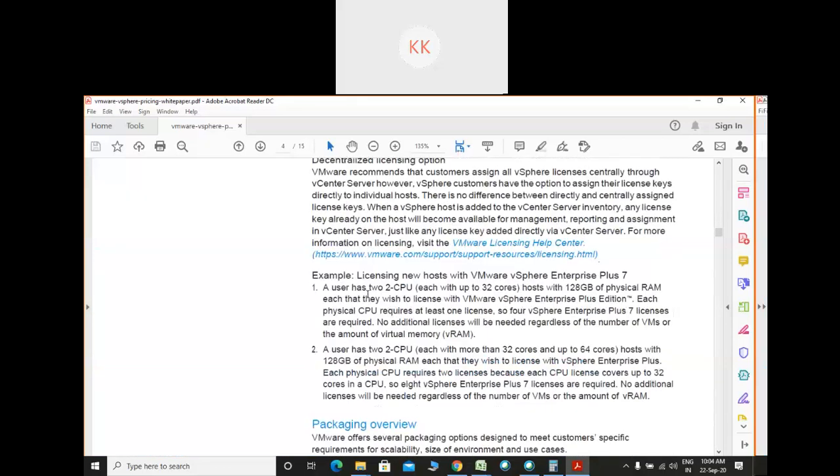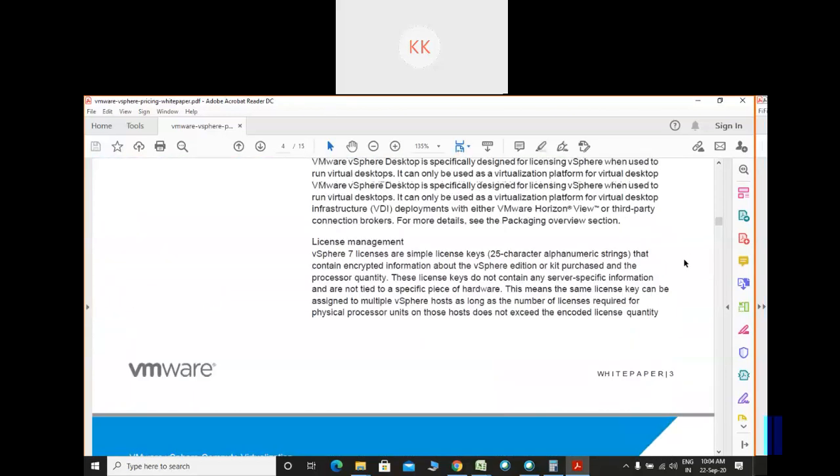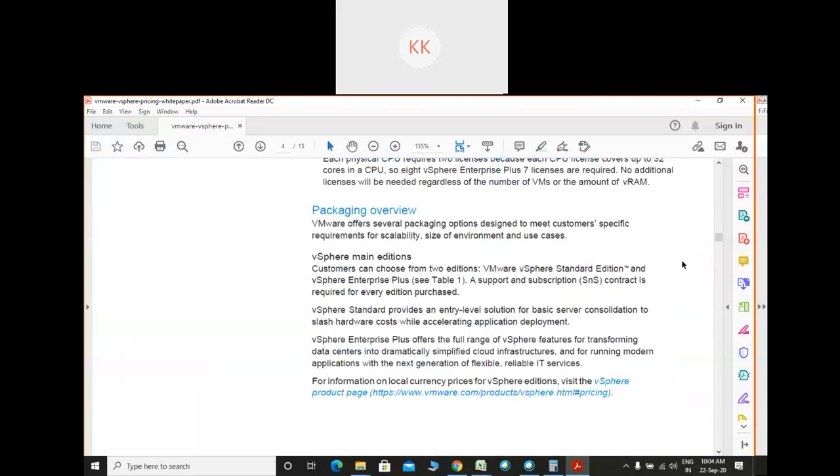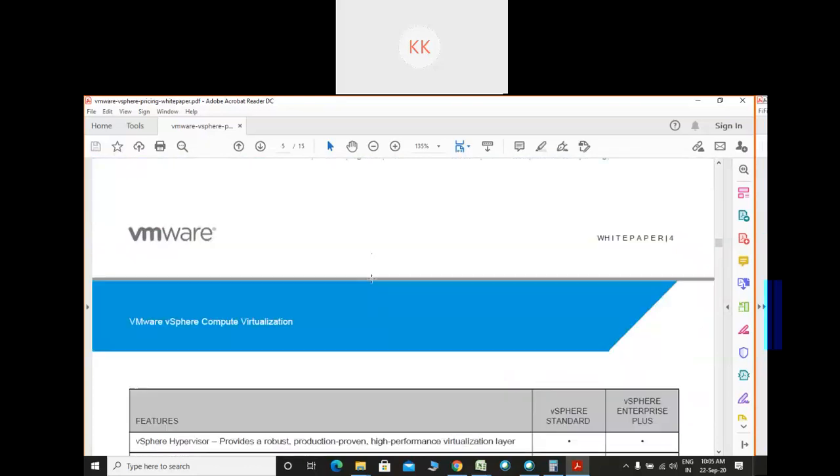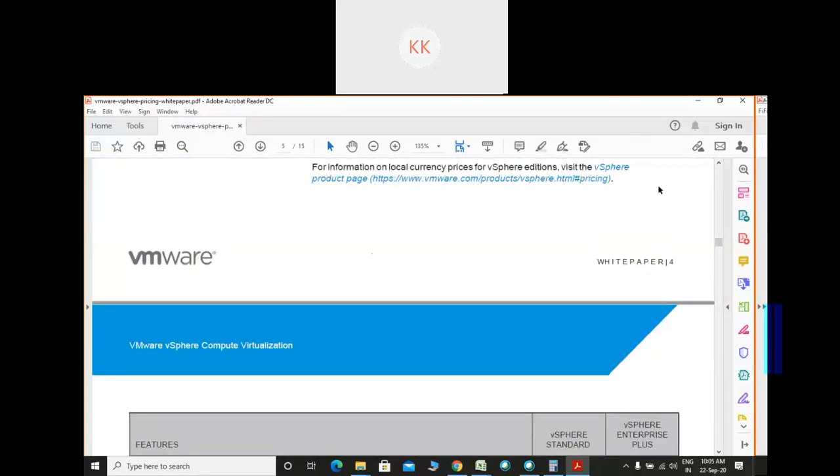For this class you have learned about all the different editions and what the different features are. The cost is not exact, but you can imagine the approximate cost from there. You'll find lots of things. I will share this with you for your reference. No problem. Up to this point, does anyone have any doubt?